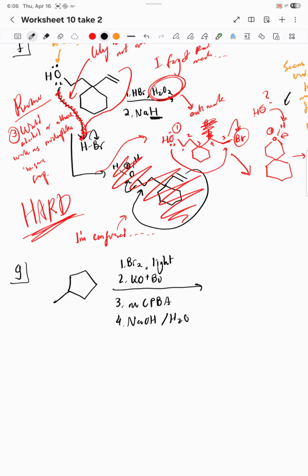Okay, shall we proceed? Br2 and light is the first step. What happens? Selective bromination would result in a tertiary attachment site, and so it would be Br. Now we're going to do elimination, symmetrical, so don't even worry about the selectivity.